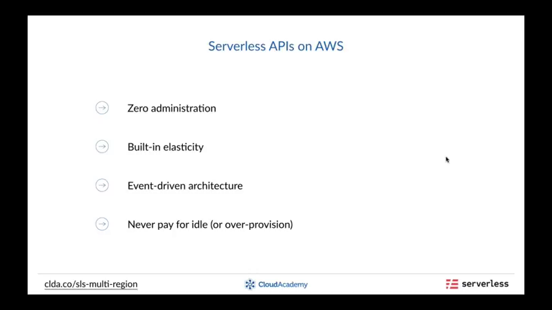The cloud providers take care of it, so a huge amount of work that developers used to do is not on their plate anymore. Next is built-in elasticity, which is also auto scaling. API Gateway and other AWS services scale automatically based on load, which is a huge thing. We have spent so many hours and so much money just doing that. It's taken care of. The other awesome thing is event-driven architecture.